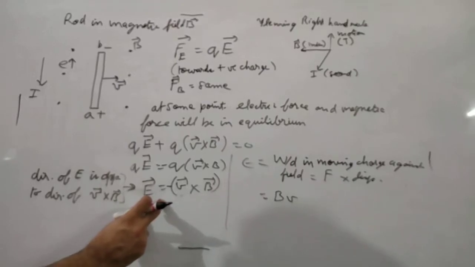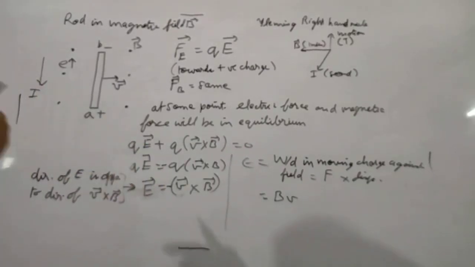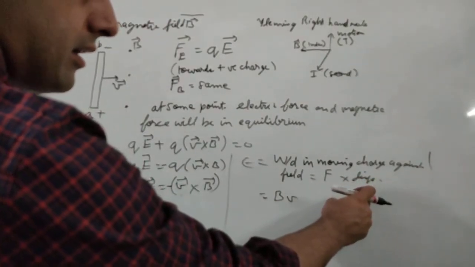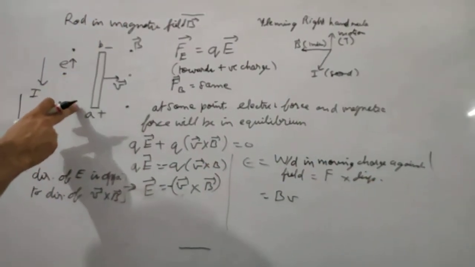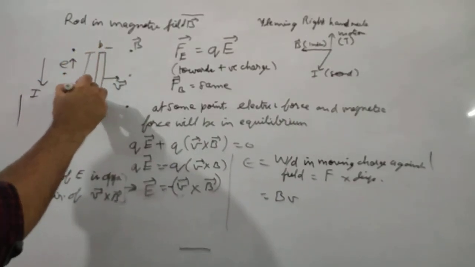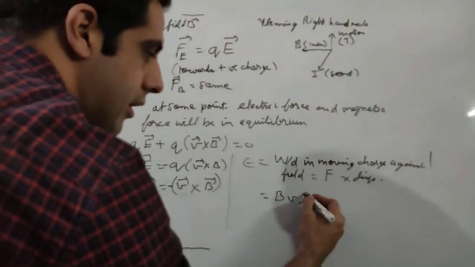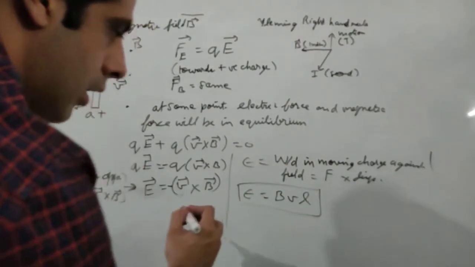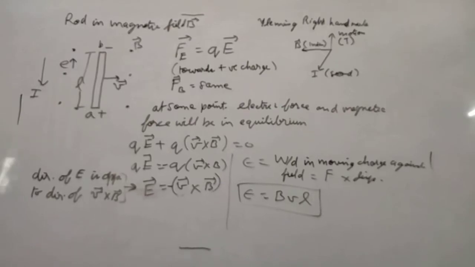So the magnitude of electric field force will be equal to BV multiplied by the displacement. What is the displacement of charge? The displacement of charge is equal to the length of the rod. So let us say the length of the rod is L, then it will be equal to L. So this will be the value of your induced EMF when the rod is moving with some velocity v in the magnetic field.